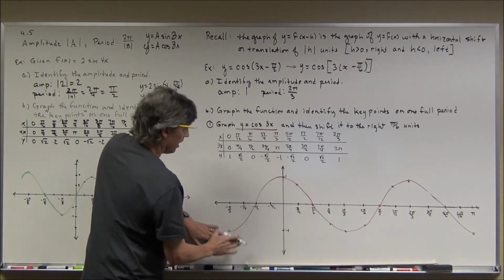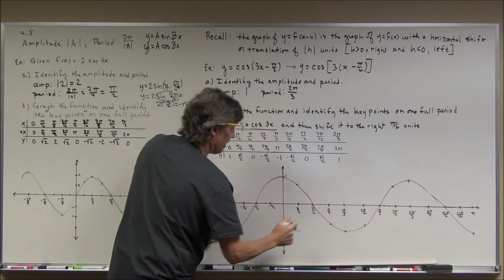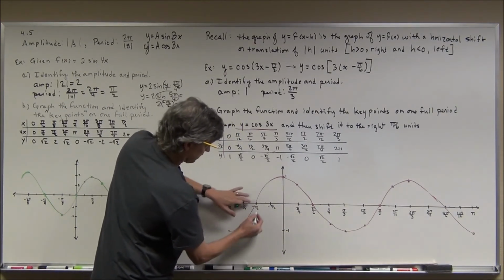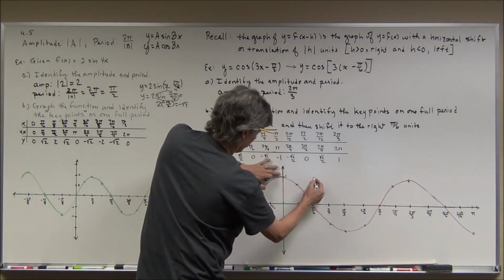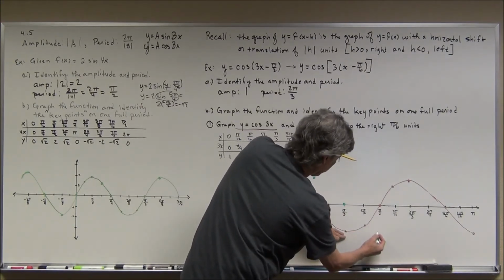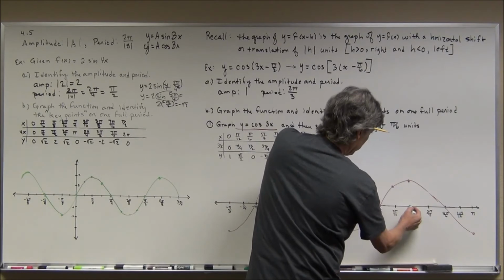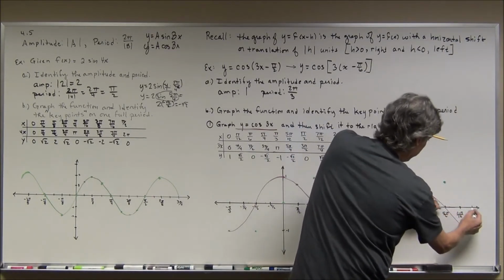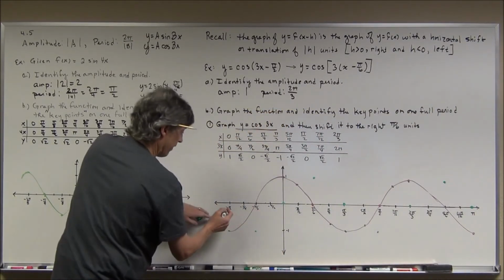Now look what happens. Pi over 6 units is this distance, right? So this is going to get shifted to the right, pi over 6. This is going to get shifted to the right, pi over 6. This is going to get shifted to the right. And I continue doing this until I have these points sketched out, and then I can continue, or I can come up with a graph here.